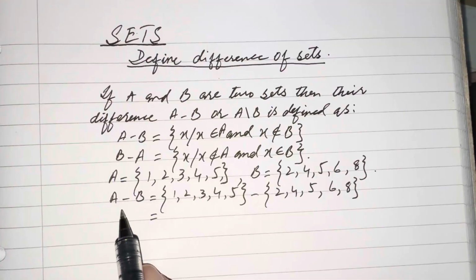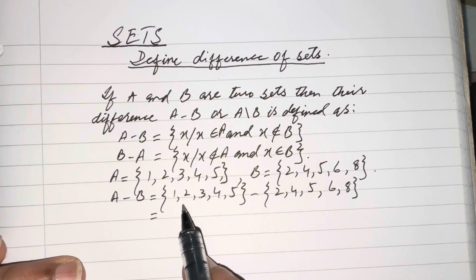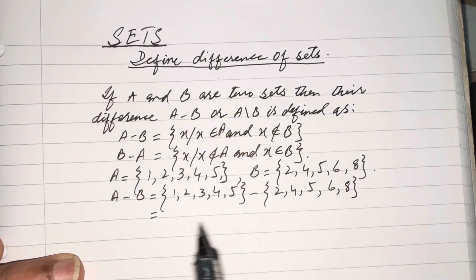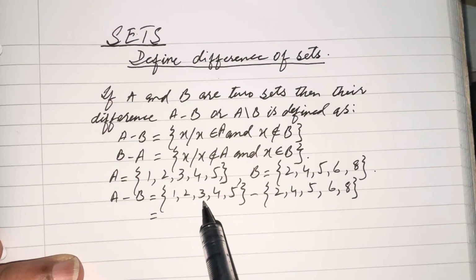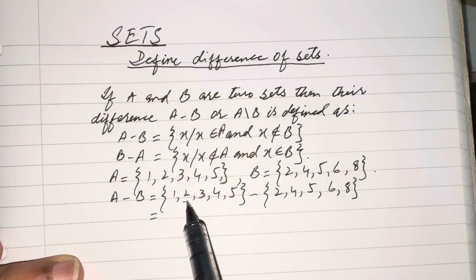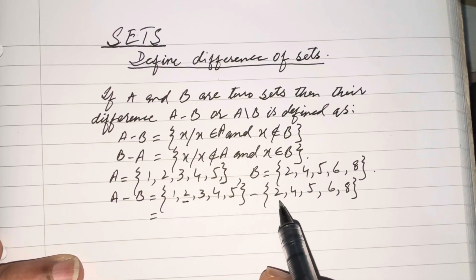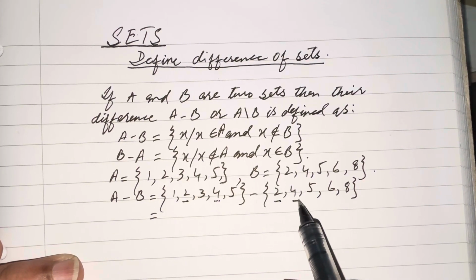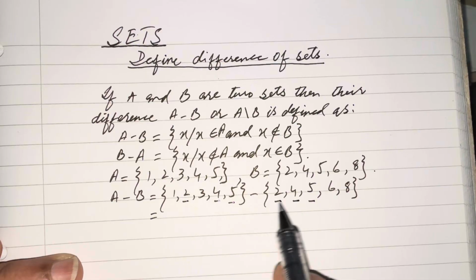First of all, we have to see which elements are common in set A and set B. I'm going to underline those elements which are present in both of them. So 2, 4, and 5 are the common elements which are present in both sets A and B.